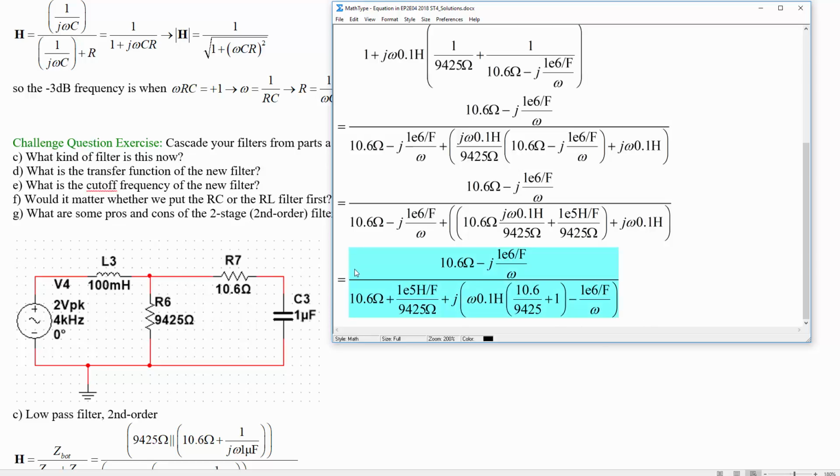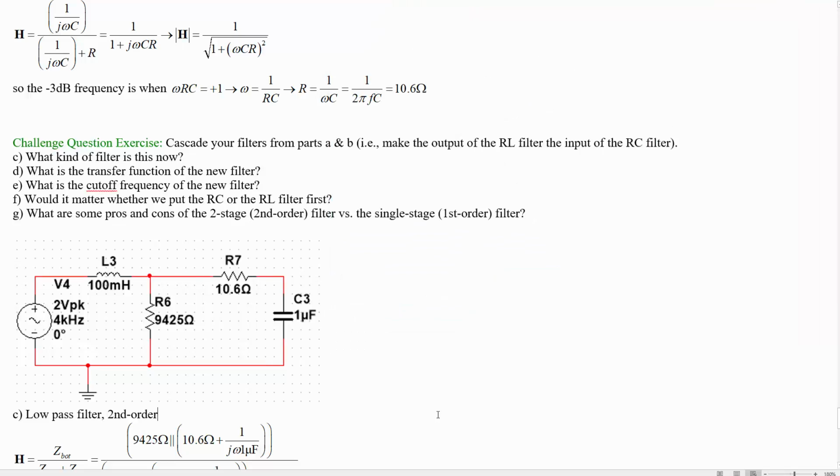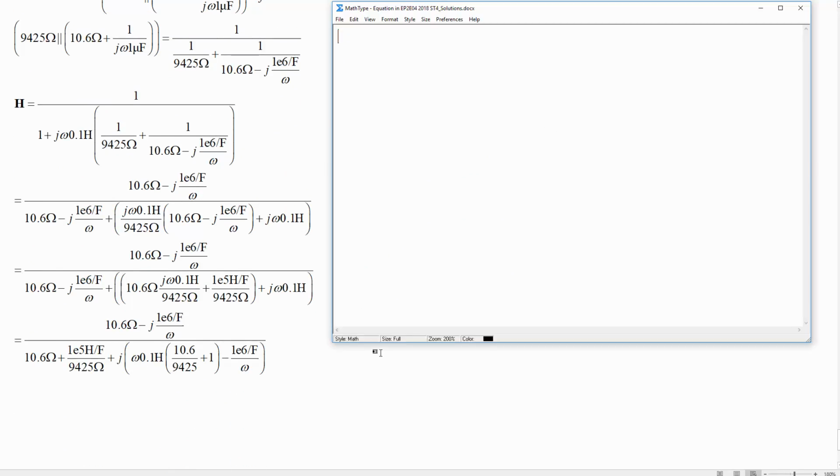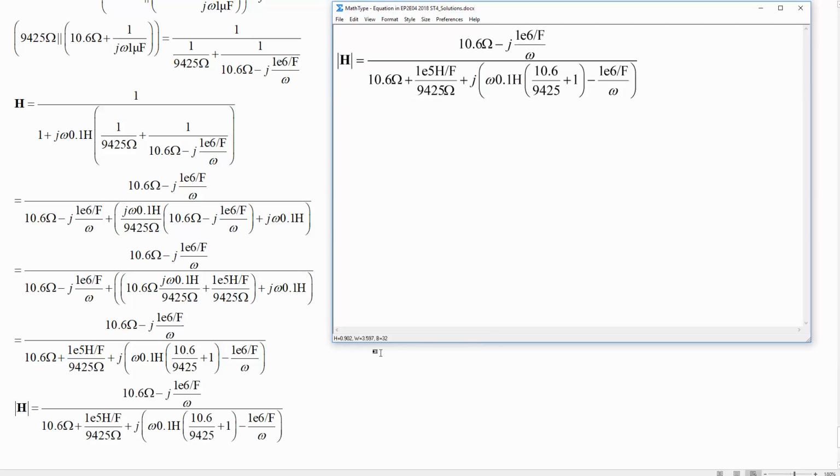When we go towards a higher frequency than that, we should be reducing to 1 over root 2, and let's see where that occurs.